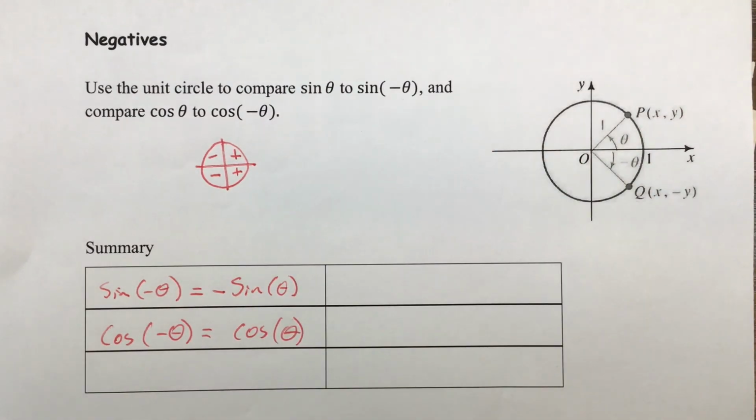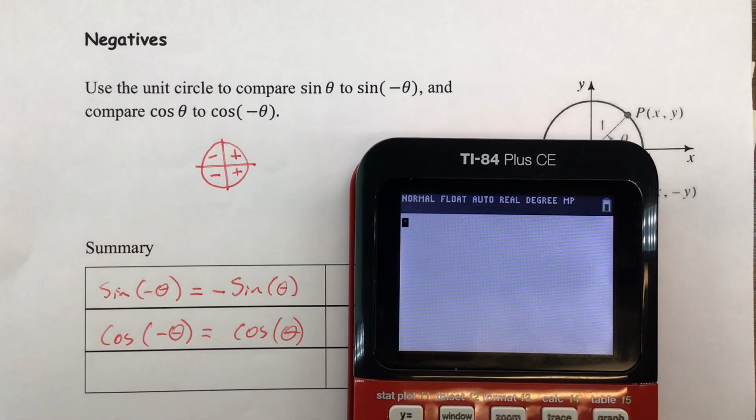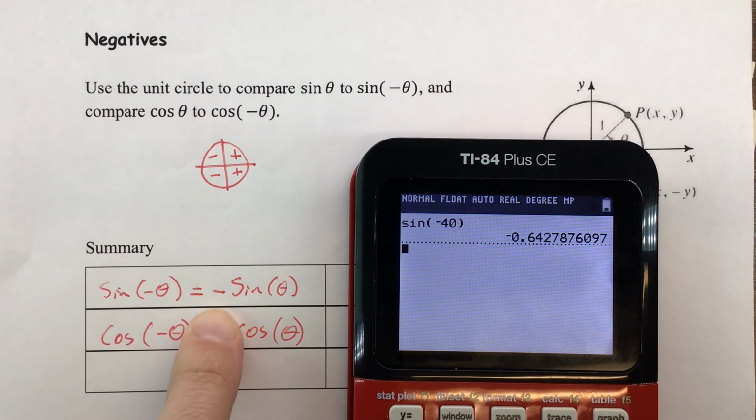All right, let's go ahead and verify this before we move forward into the other trig functions. Let's choose an angle measurement. Let's go with 40 degrees. Pretty much any angle would work, but let's just go with 40. My claim for the first one is that if I type in the sine of negative 40, that answer should be exactly the same as the opposite, or negative, of the sine of 40 degrees.